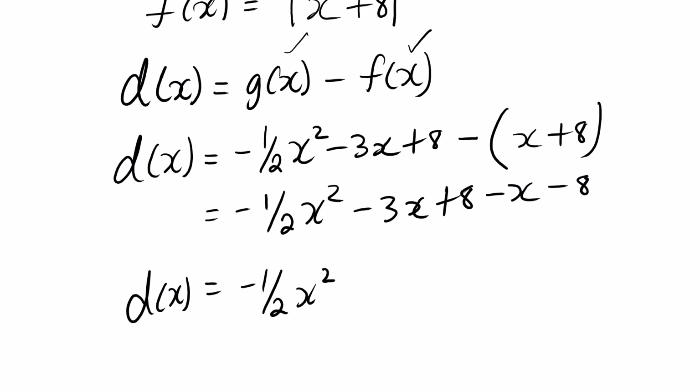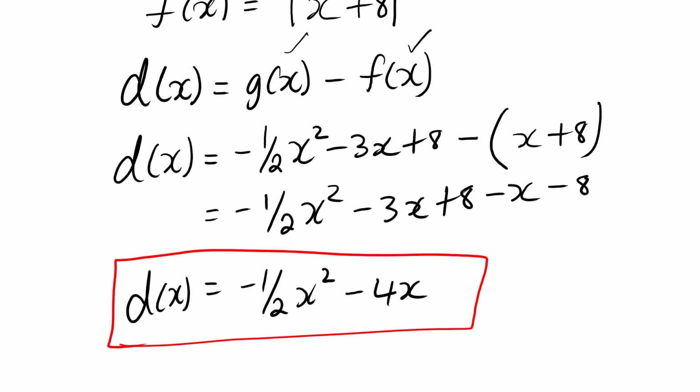Negative x minus x, it's negative 4x. 8 minus 8, it's actually 0. And then this is the graph. This is how we determine the graph. You simply check which one is on top of the other one, and then the top one minus the bottom one, you substitute the equations, and then you simplify. Let us go to the next question.